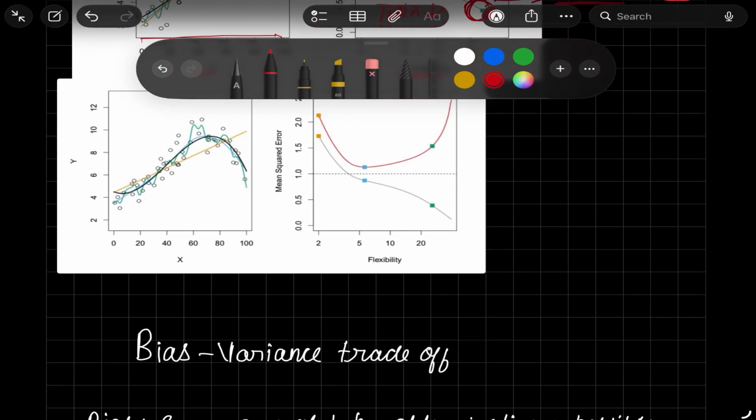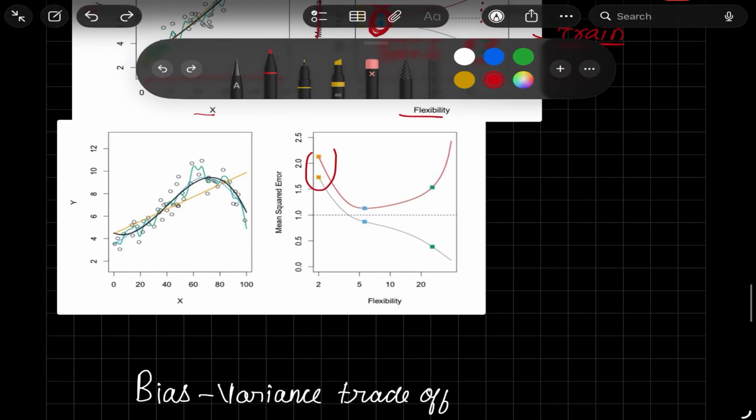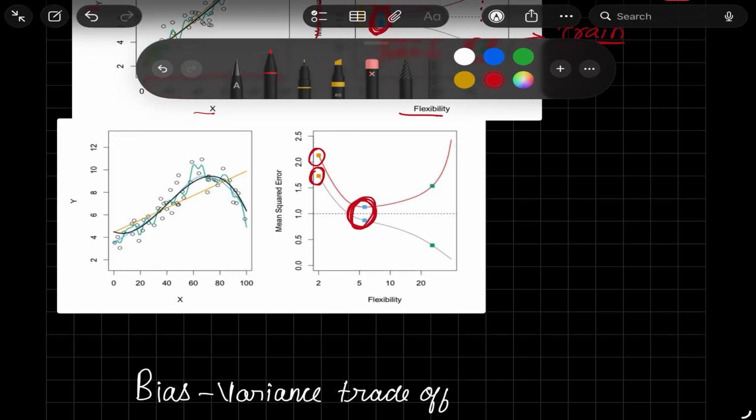The very first model that we use is the linear model, and we see the yellow model terribly fails here because it is showing a very high training error and high testing error. Now when we go with the blue model, what blue is trying to do here is like this, which is actually capturing very well because our data is like this.